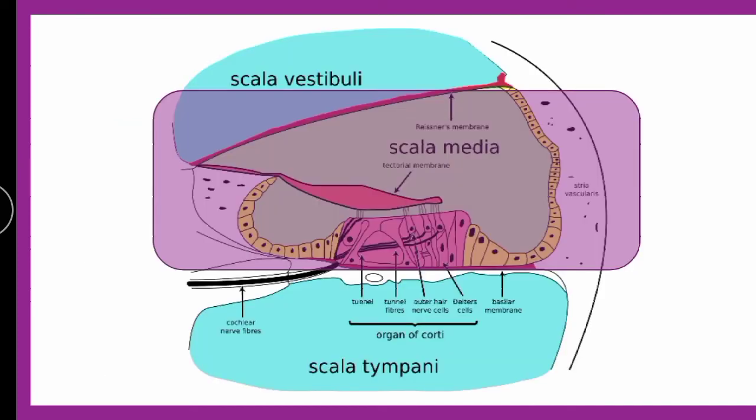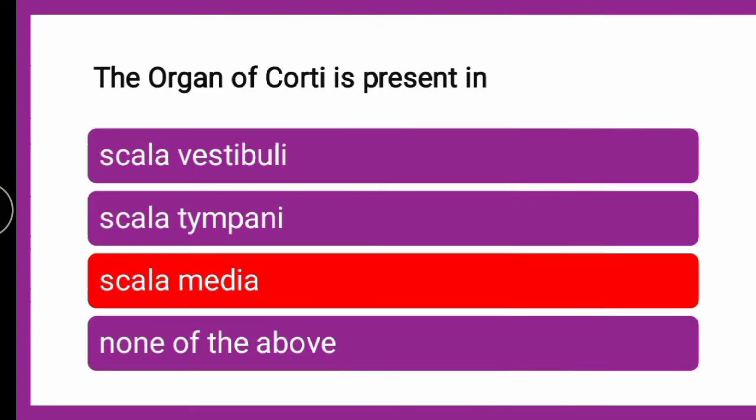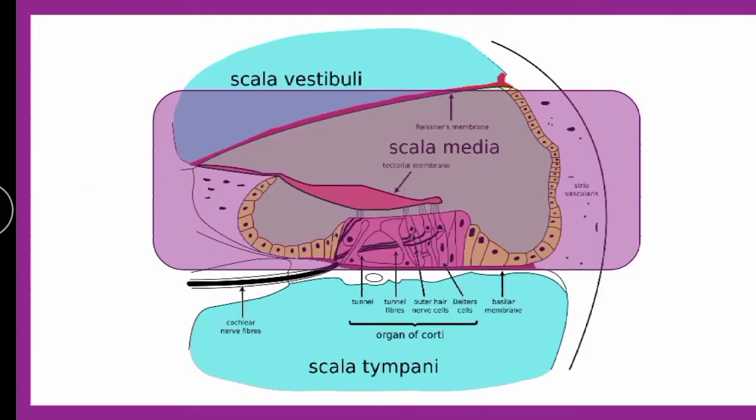If you look into the diagram, there are the scala vestibuli, scala tympani, and the middle layer, which is the scala media. The organ of Corti is present in the scala media. Here you can see the organ of Corti in the scala media.